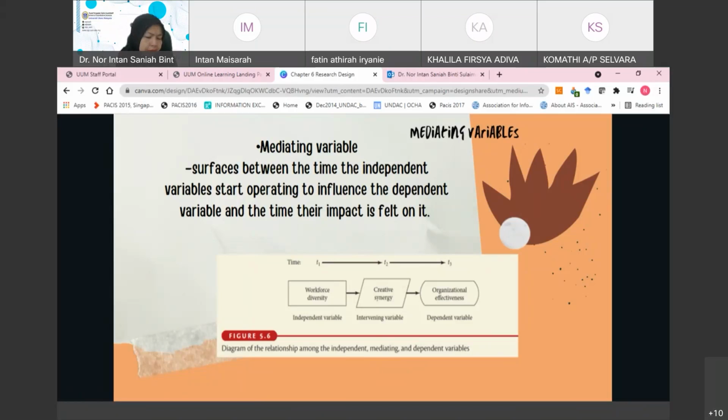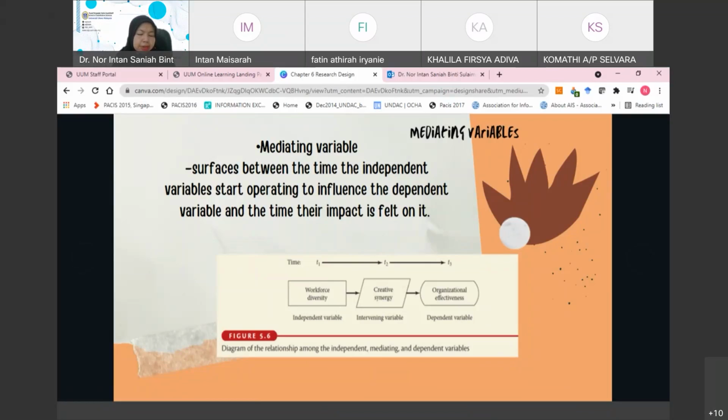However, this creative synergy is the intervening variable that we see here. It results from multi-ethnic, multiracial, multinational people interacting and bringing together their multifaceted expertise in problem solving.